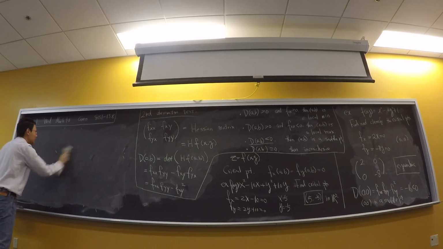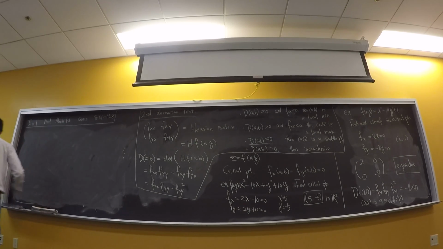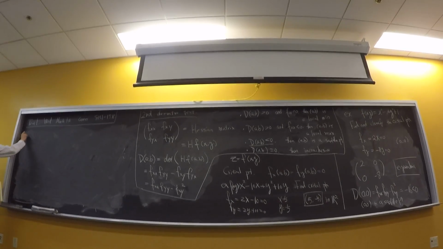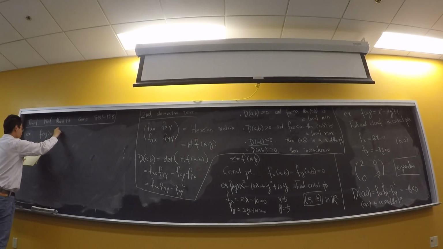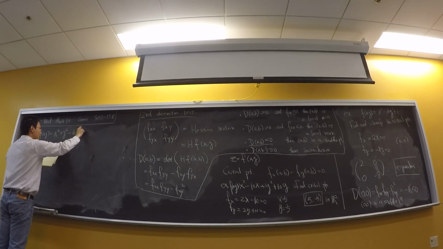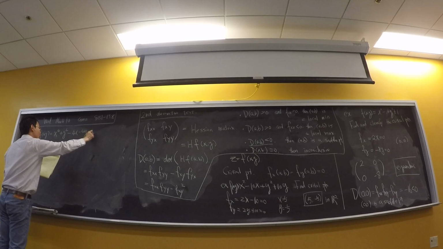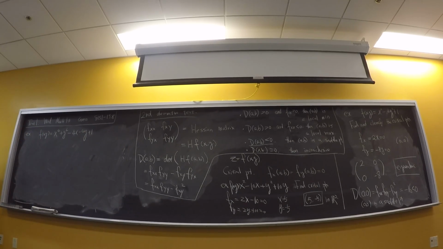Next, we can get one easy question as well and see if we can up our game. I have a function f(x,y) equal to x to the 4 plus y to the 4 minus 4x minus 4y plus 1. The question is still to find and classify all the critical points.